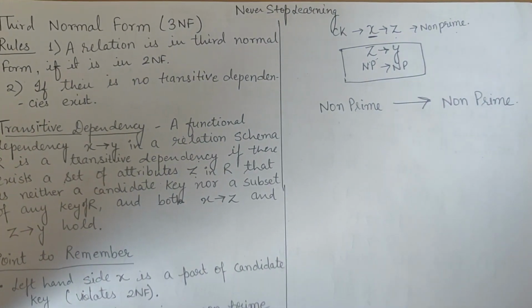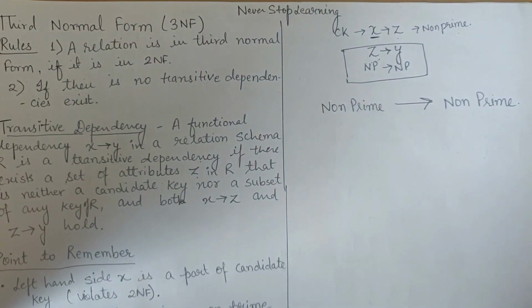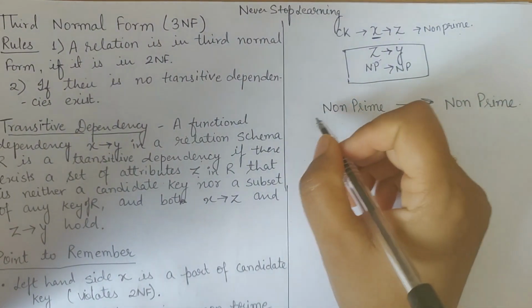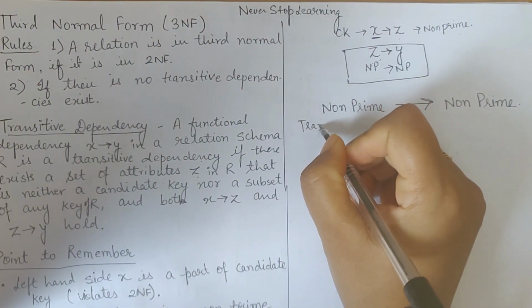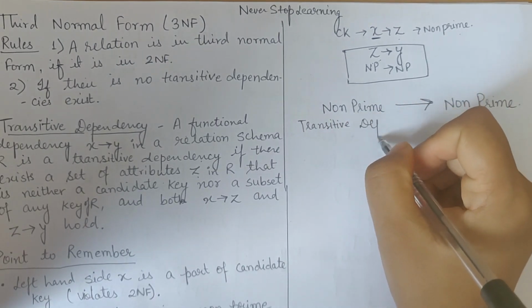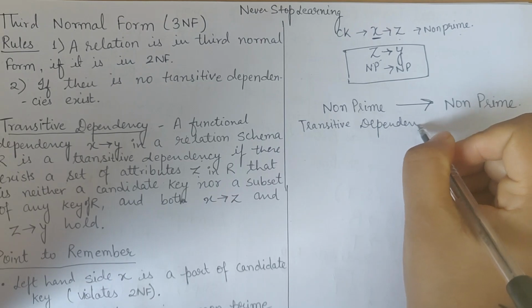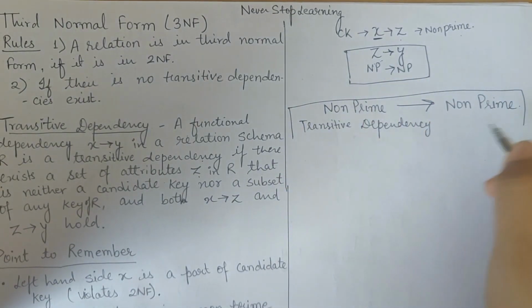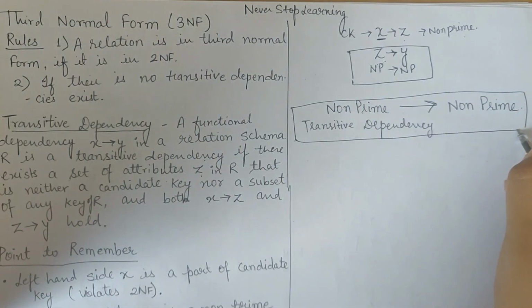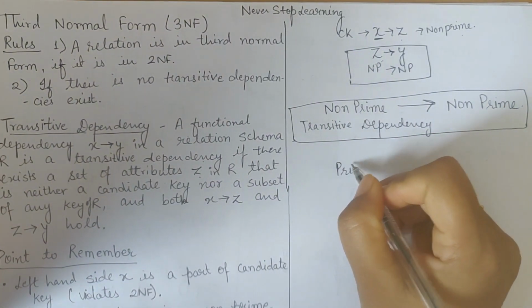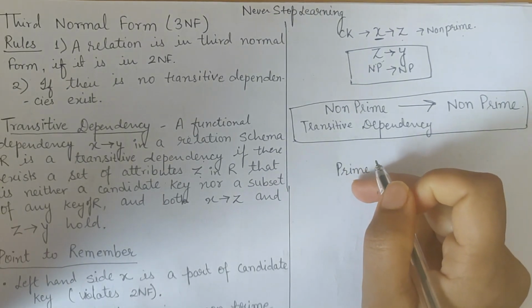This was not a problem in 2NF. 2NF only deals with partial dependency. So this one is a transitive dependency. What is partial dependency? In partial dependency, the left side is prime, a subset of a candidate key.